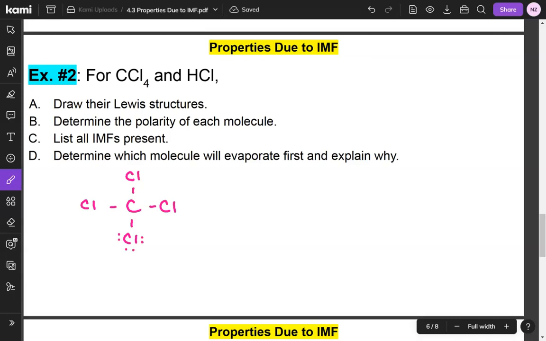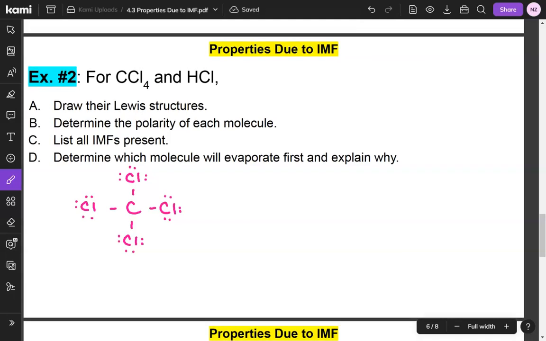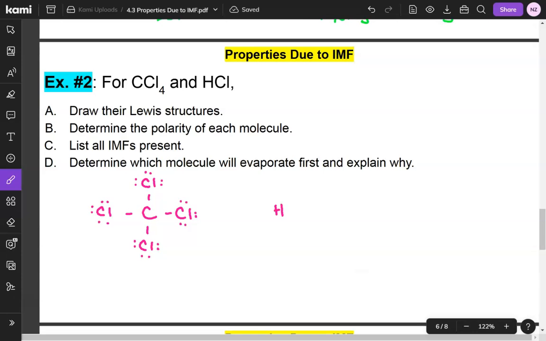Each chlorine is going to get 6 dots, 6 valence electrons, 6 electrons that are unbonded, and then they're going to be bonded to our carbon. For HCl, it will look like this.